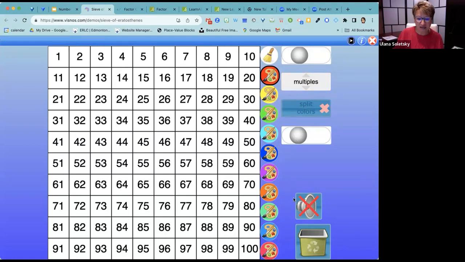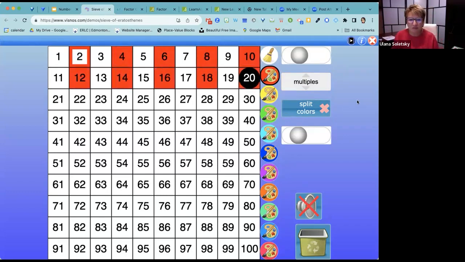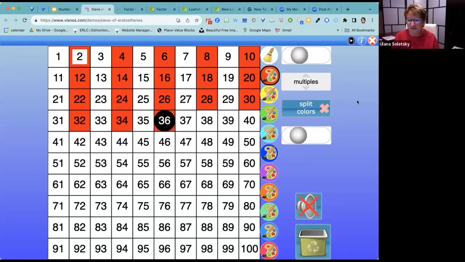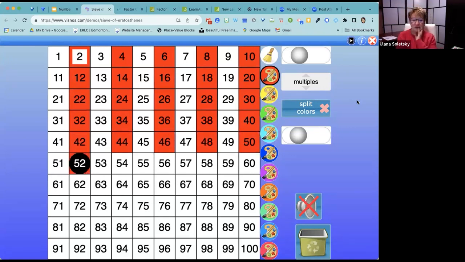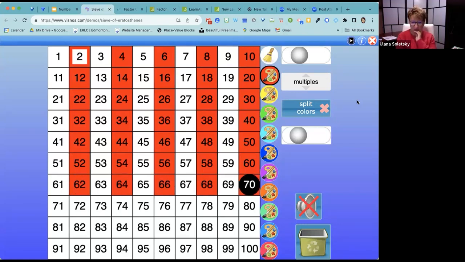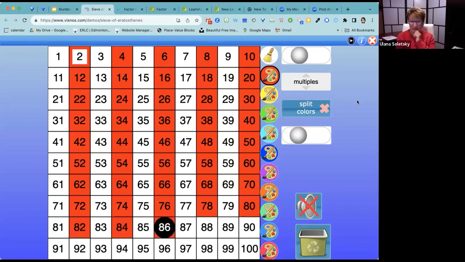multiples of 2, and it'll automatically color them in. And so this is great because we know that if it is a multiple of a number, then it is not a prime number, right?